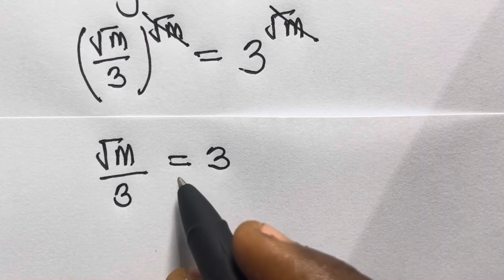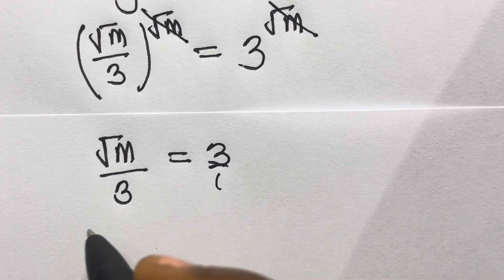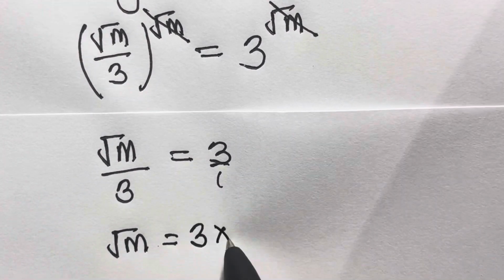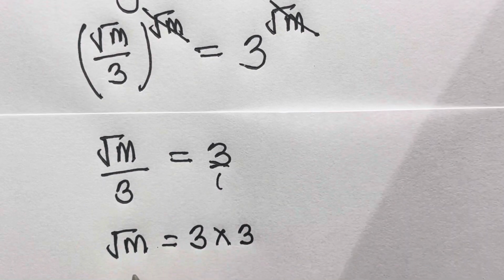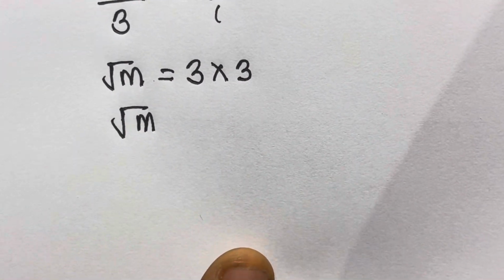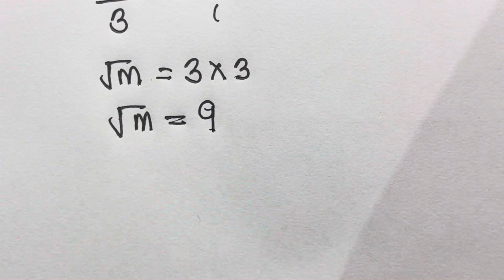From here, if we cross multiply, we have square root of m equals 3 times 3. So we have square root of m equals 3 times 3, that is 9.